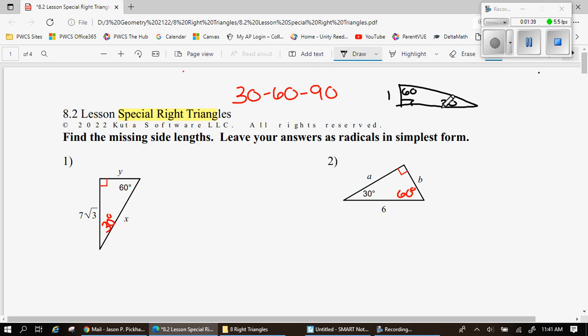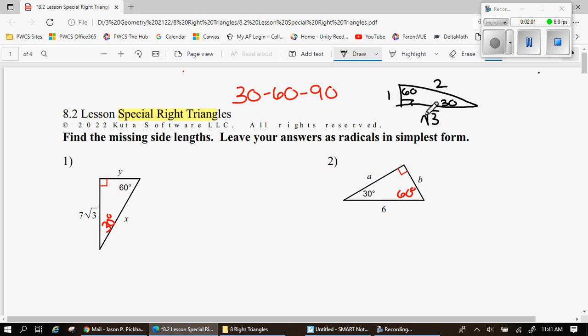The hypotenuse of this triangle is going to be 2 times the size of my side across from the 30. And then the side across from my 60 is going to be the square root of 3 times my side. We call this the general 30, 60, 90 right triangle.